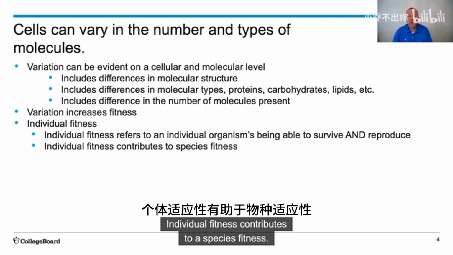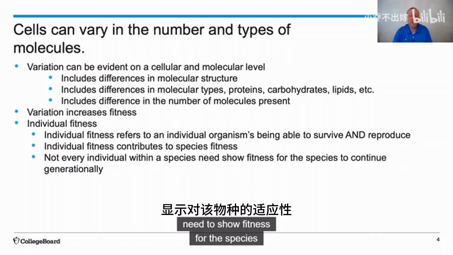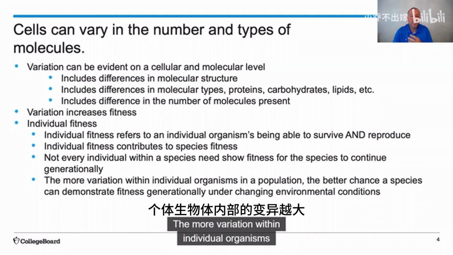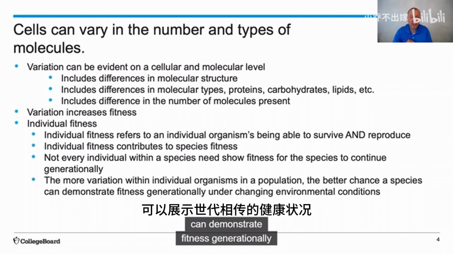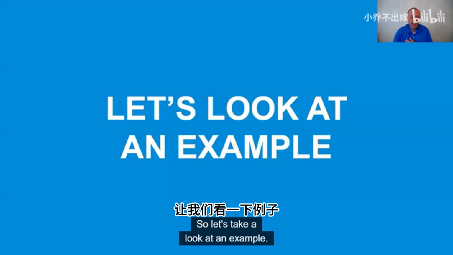Individual fitness contributes to a species fitness. Not every individual within a species need to show fitness for the species to continue generationally. The more variation within individual organisms in a population, the better chance a species can demonstrate fitness generationally under changing environmental conditions.